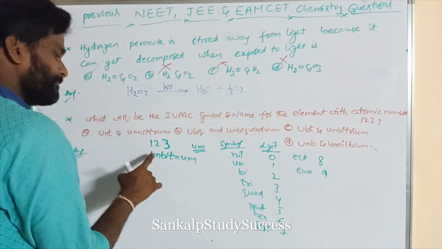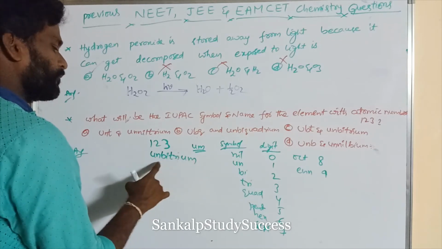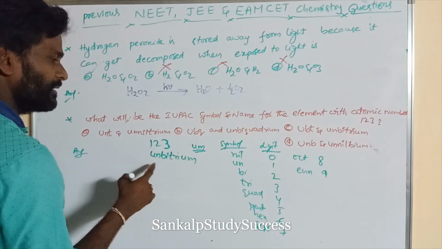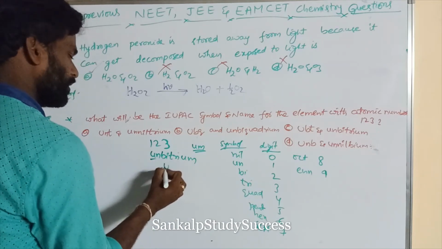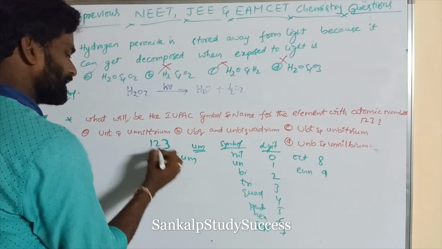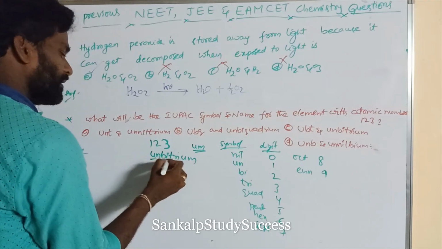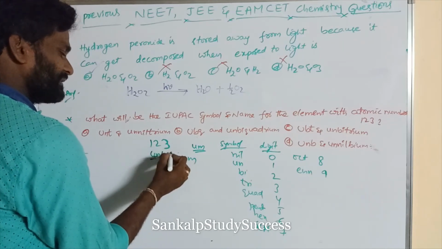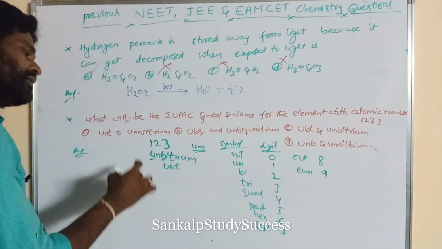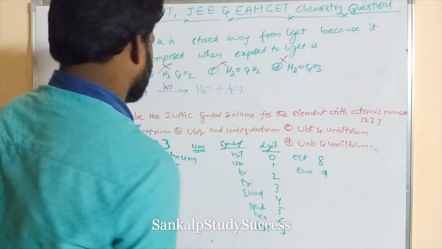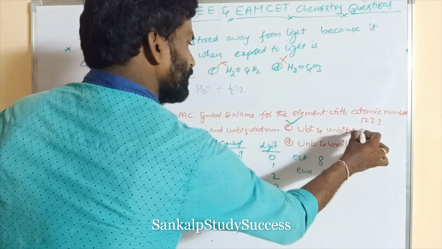So what is its name? Unbitrium. What is its symbol? 1 means U, first letter U. 2 means B. Tri 3, T. UBT is the symbol. Unbitrium is the name.